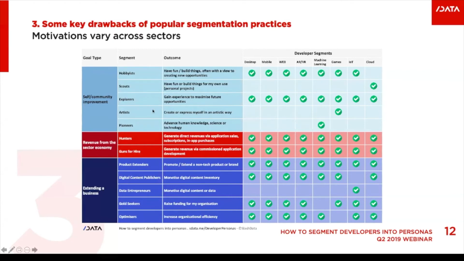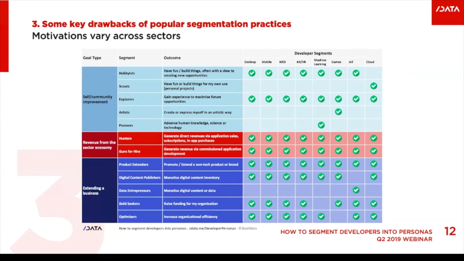Roughly grouped together, we have segments that have to do with self or community improvement, such as explorers. This is a really important segment throughout and applies to all sectors. These are the guys who explore, who are not just having fun, but are not professional either.